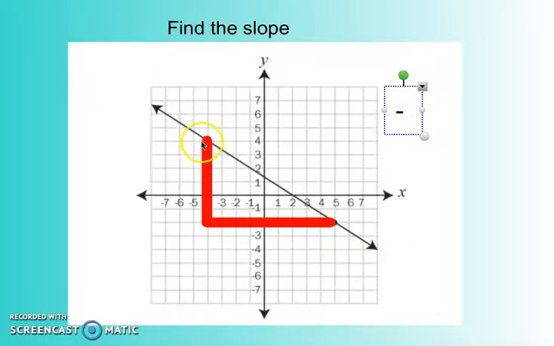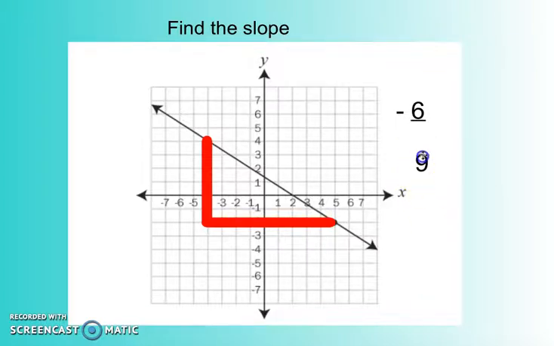So how much are we going down? We start here, and we go 1, 2, 3, 4, 5, 6. We went down 6. That's negative 6. And then how much to the right? 1, 2, 3, 4, 5, 6, 7, 8, 9. So we went to the right 9.